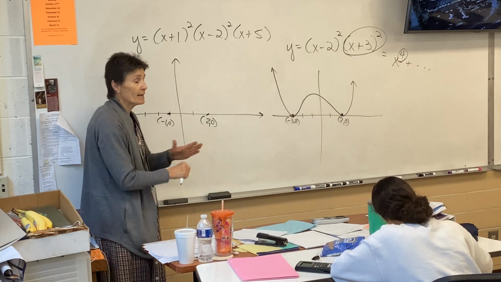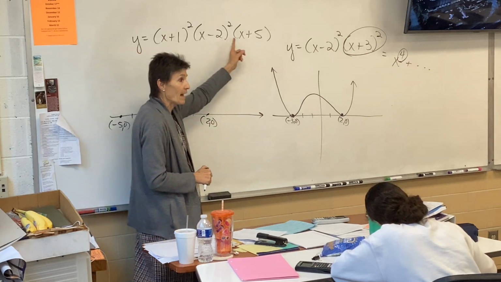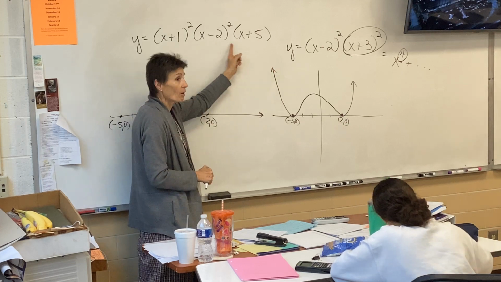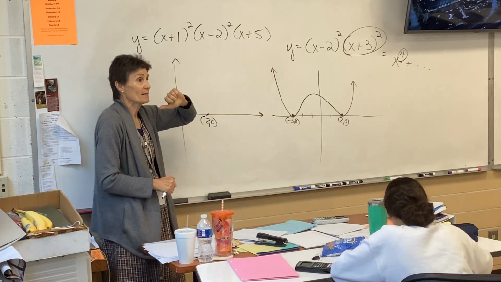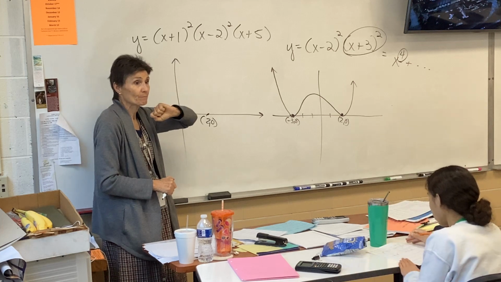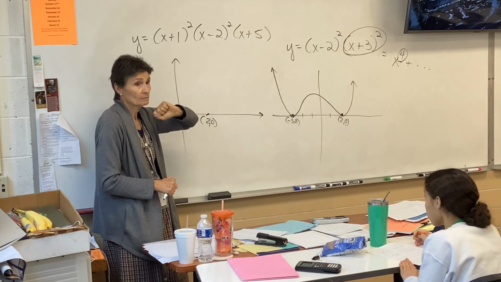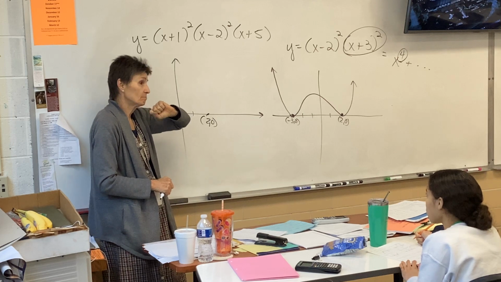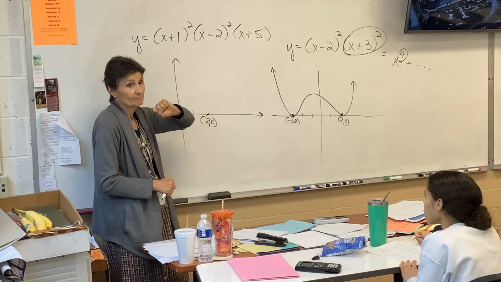All right, if I multiplied all this out, and you're never gonna have to, so don't worry about that. But if you multiplied all that out, what would be the biggest power? X to the fourth? Fifth? Eighth? Fifth?